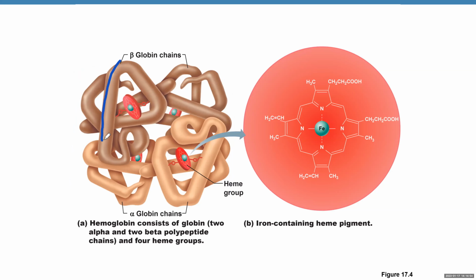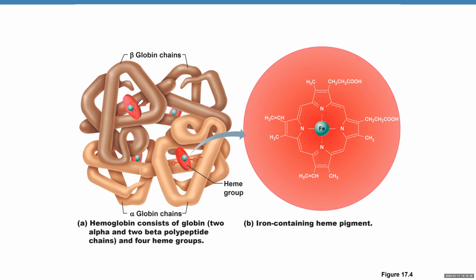What's shown here in brown and tan color, those are protein chains. So we have one polypeptide, another polypeptide, a beta globin chain, and in lighter color, an alpha globin chain. Those are polypeptides, that means proteins made of amino acids.